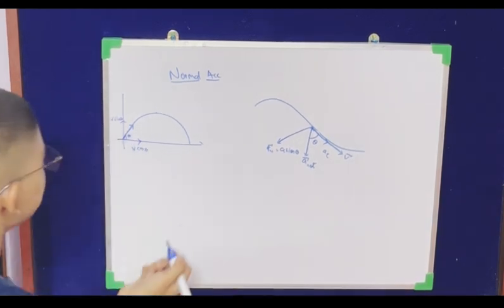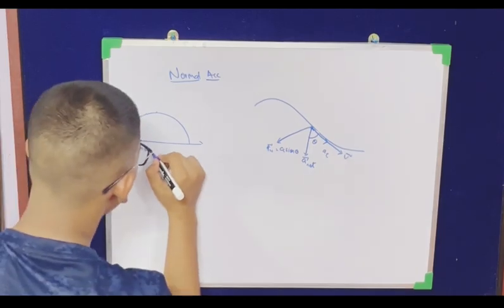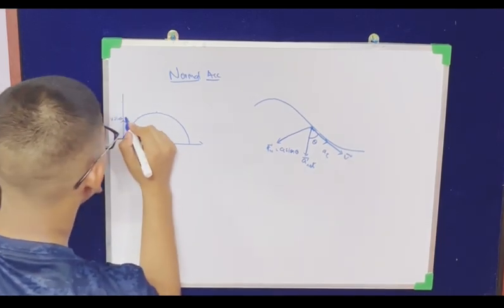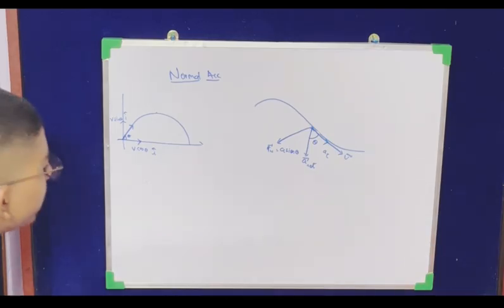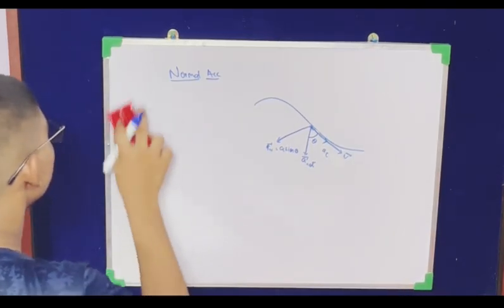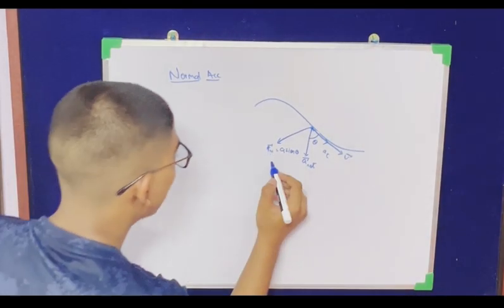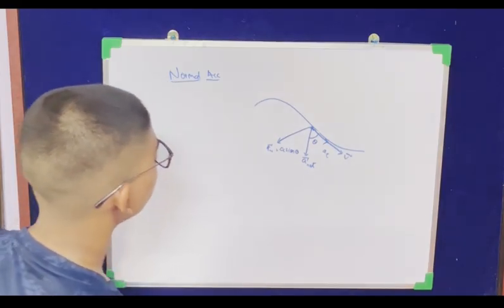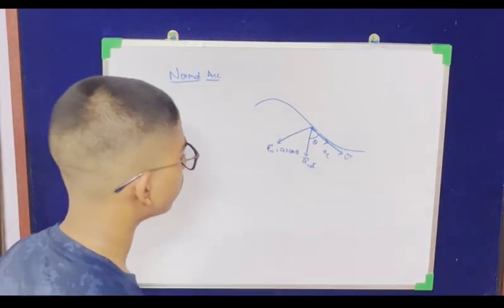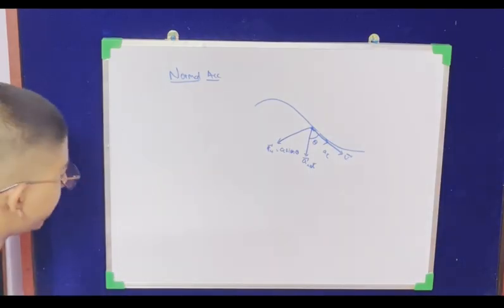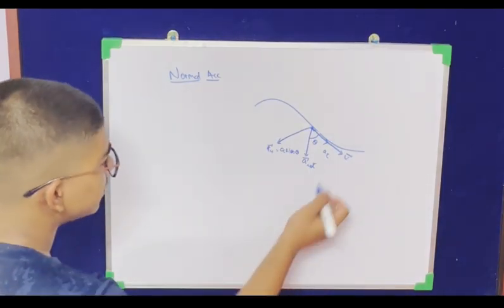If we want to represent it vector-wise, we can write i cap and j cap, because it is having direction this way. Similarly, this acceleration, known as normal acceleration, helps us give the direction of any object, and it changes the magnitude.